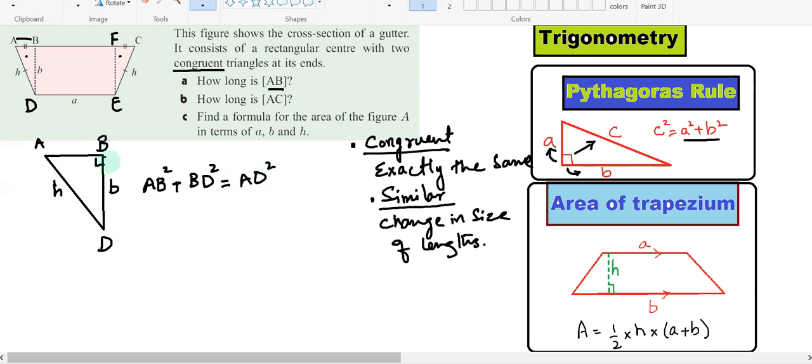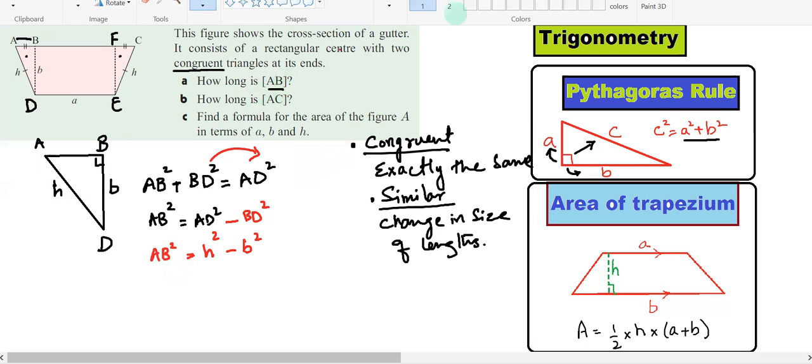The two smaller lengths are connected to the 90 degree. AB is to be found. We'll keep it here. AD squared remains on the same side, and I'm going to shift BD to the other side. So BD squared is subtracted from the left hand side. AD is H, so it's H squared. BD is B, so it's B squared, and we have AB squared on the other side.